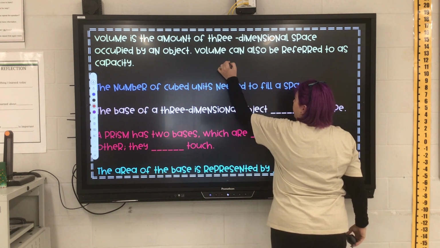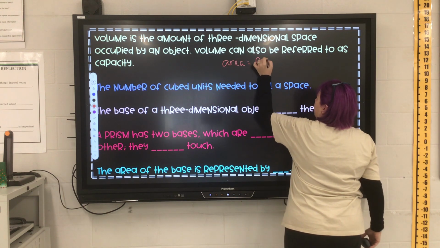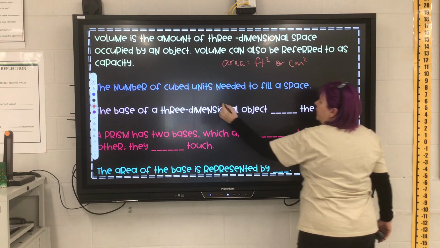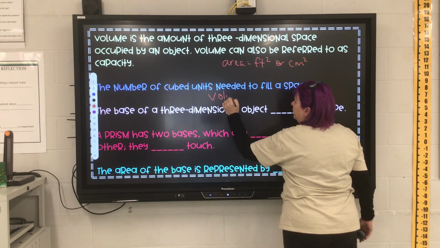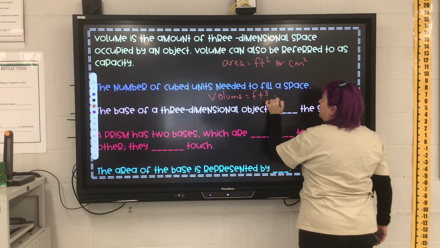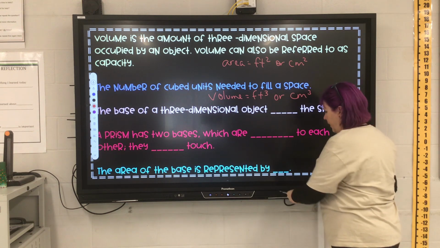So before, when we did area, we had feet squared or centimeters squared. Now that we're doing volume, we're doing feet cubed or centimeters cubed, which is a 3.